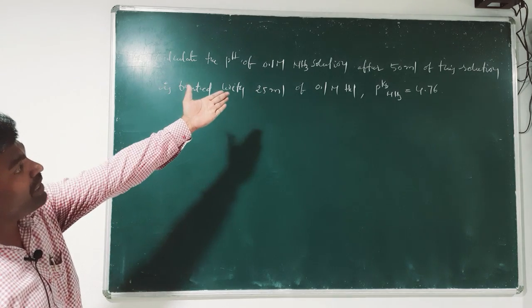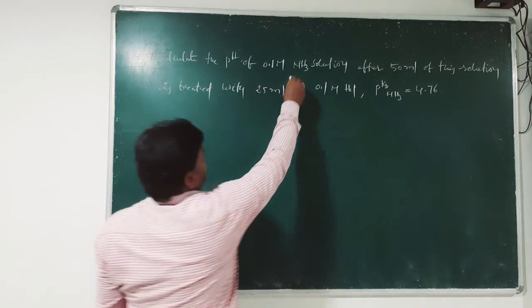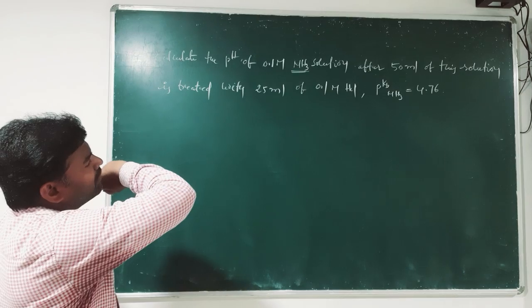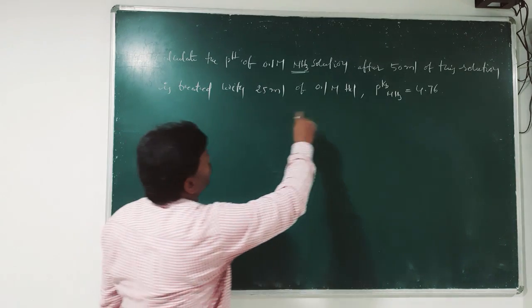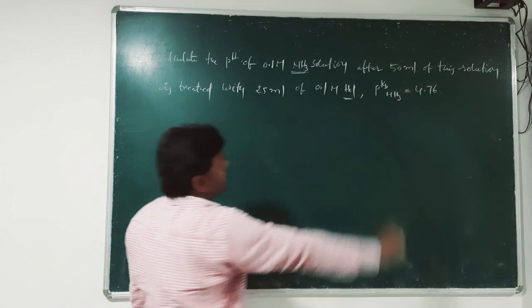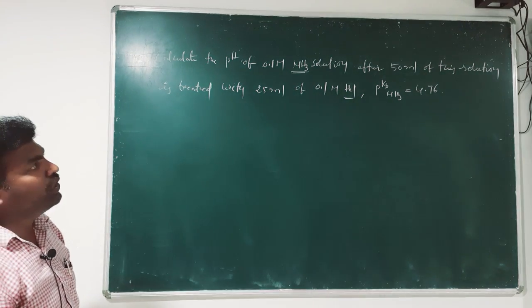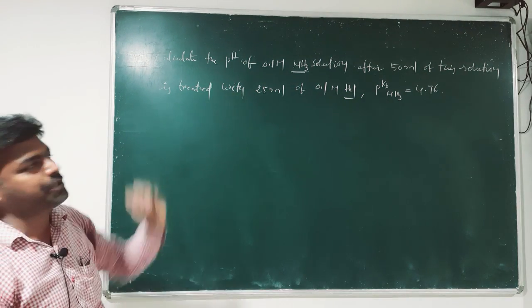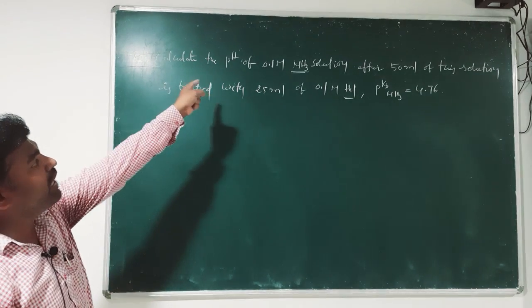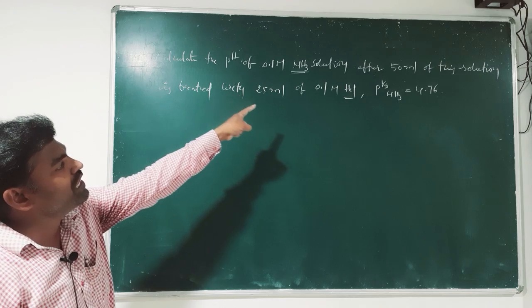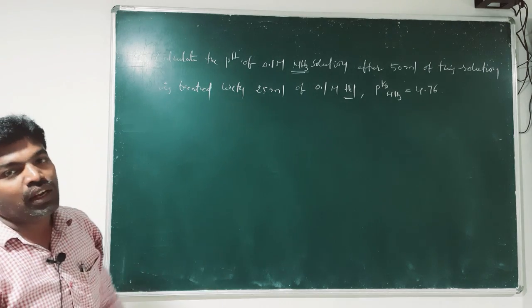It is a weak base, and it is a salt, and it is an acid. So there is a salt formation that takes place. So calculate the pH after the solution is treated with 25 ml of 0.1 molar HCl.